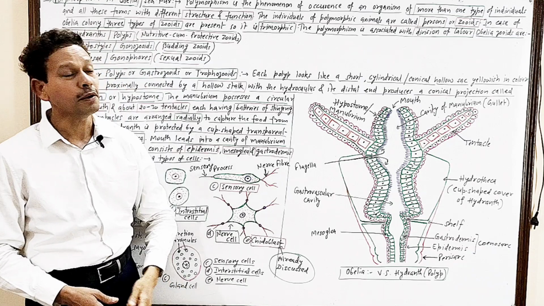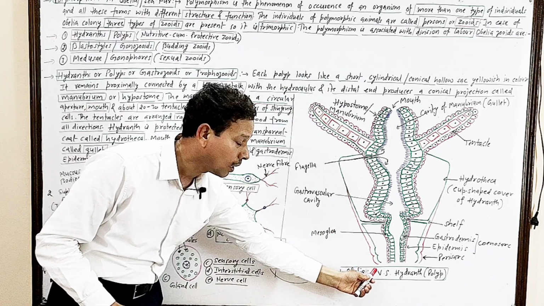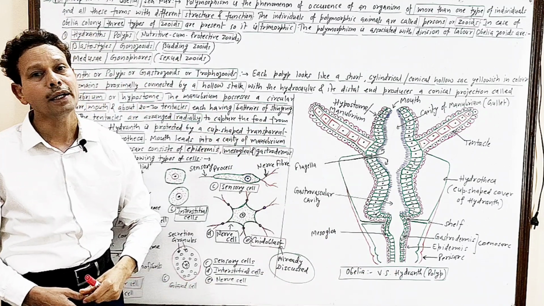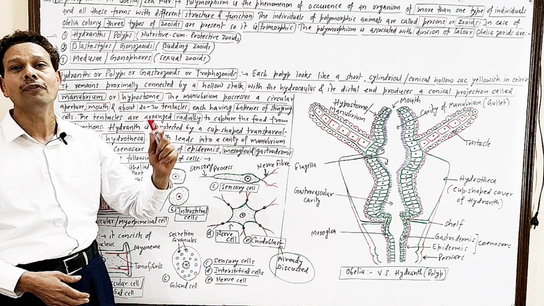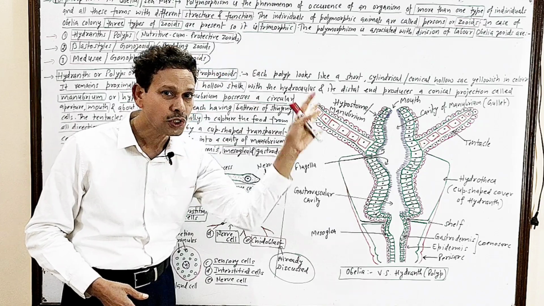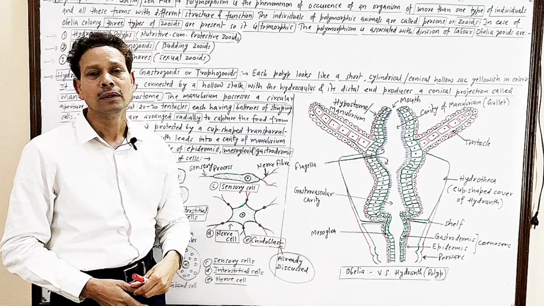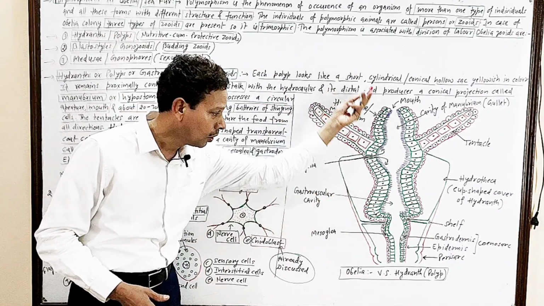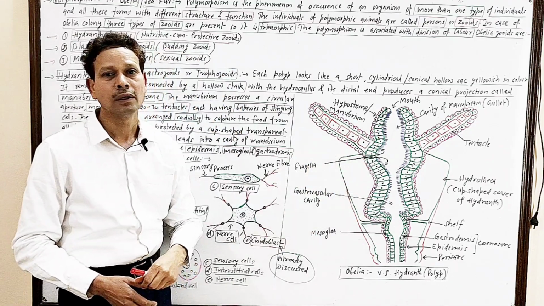This is the structure of polyp. Very important diagram, children, very important. This is Obelia, vertical section of hydranth, polyp, gastrozooid, or trophozooid, as it provides nutrients to the colony. This is an elongated, conical, hollow structure which is yellowish in color.